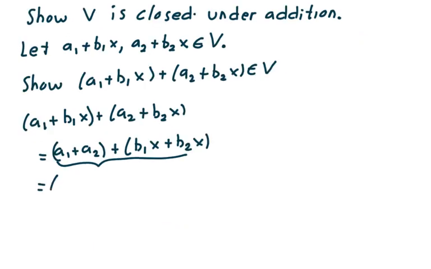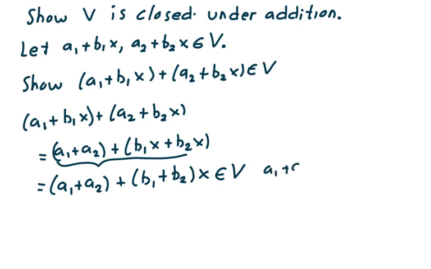One final step is we have to write it this way. If I factor out that x, I get b1 plus b2 multiplied by x. So I get a1 plus a2 plus the quantity b1 plus b2 times x. This absolutely belongs to V. Remember, a1 plus a2 and b1 plus b2 are real numbers. And that's the idea there.